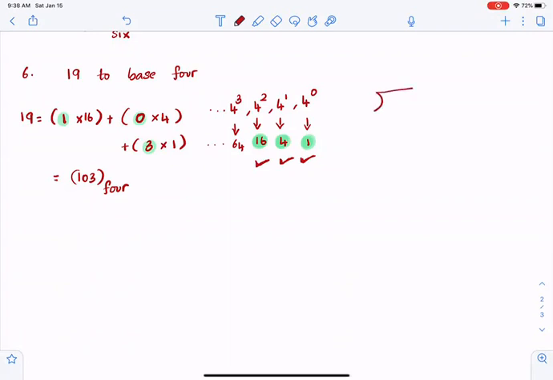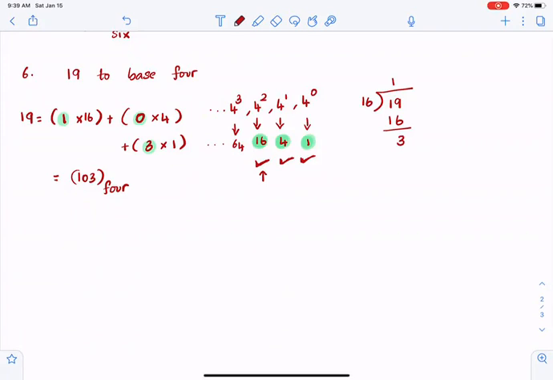I'm going to do simple division in base 10. So I'm going to take the number 19, divide by 16. 16 times 1 is 16. That would leave me with 3.